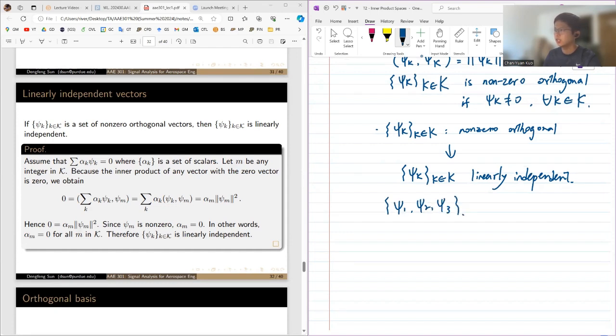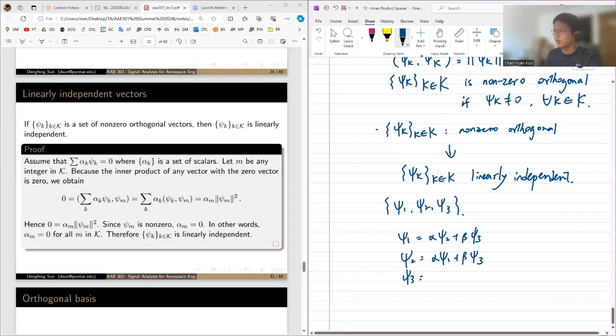If this set is linearly independent, it basically means that psi 1 cannot be obtained by a linear combination of psi 2 and psi 3. And psi 2 cannot be formed as a linear combination of psi 1 and psi 3.